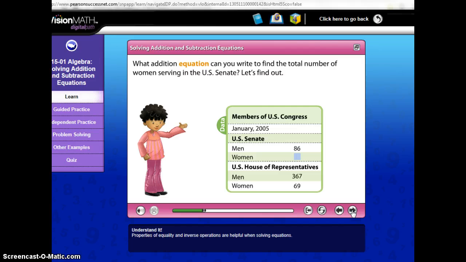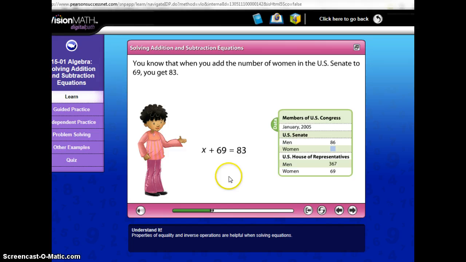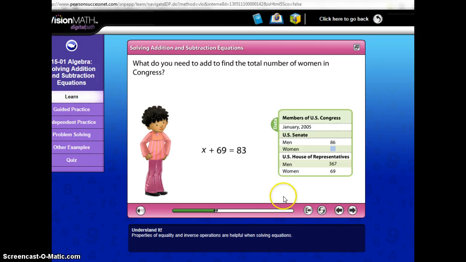So what addition equation could we write to find the total number of women that are serving in the Senate? Well, we know that when we add it to 69, we'll get 83. So we're going to use x as our variable, x as the unknown number. Now, to find the answer for x, we need to do the opposite.